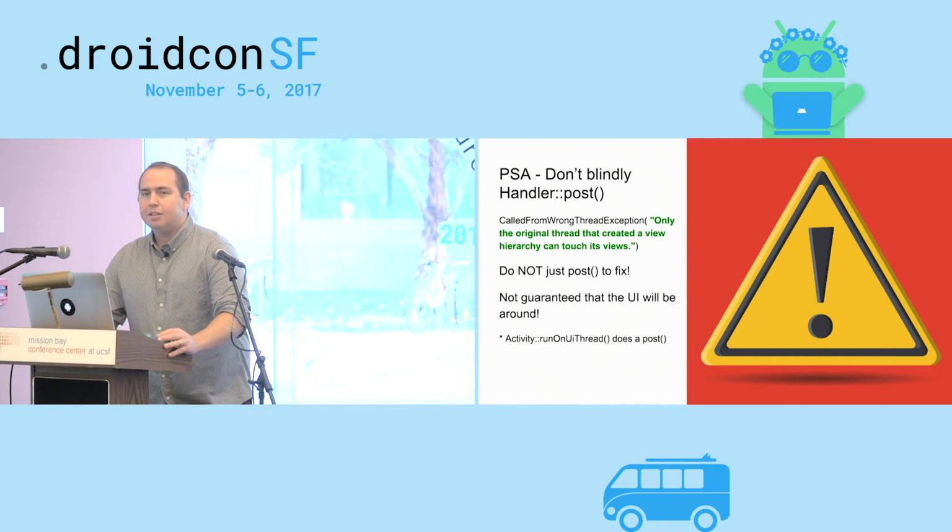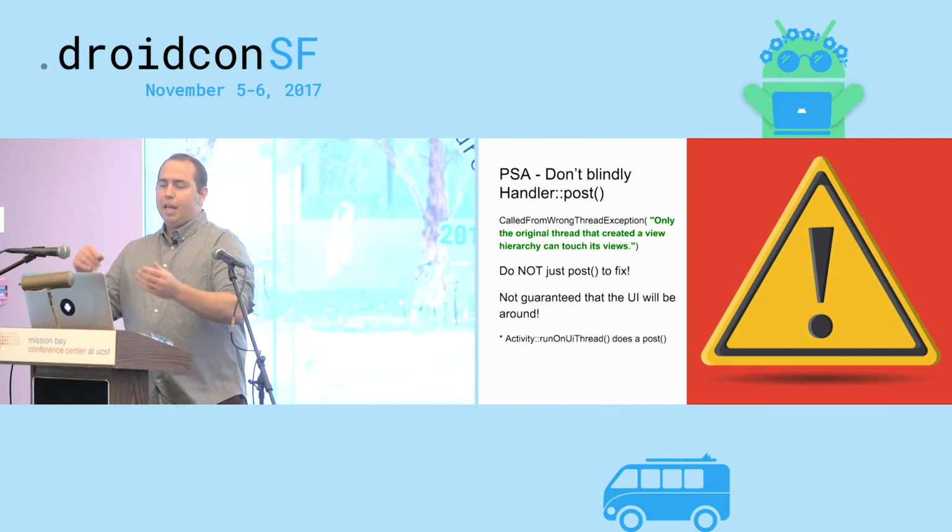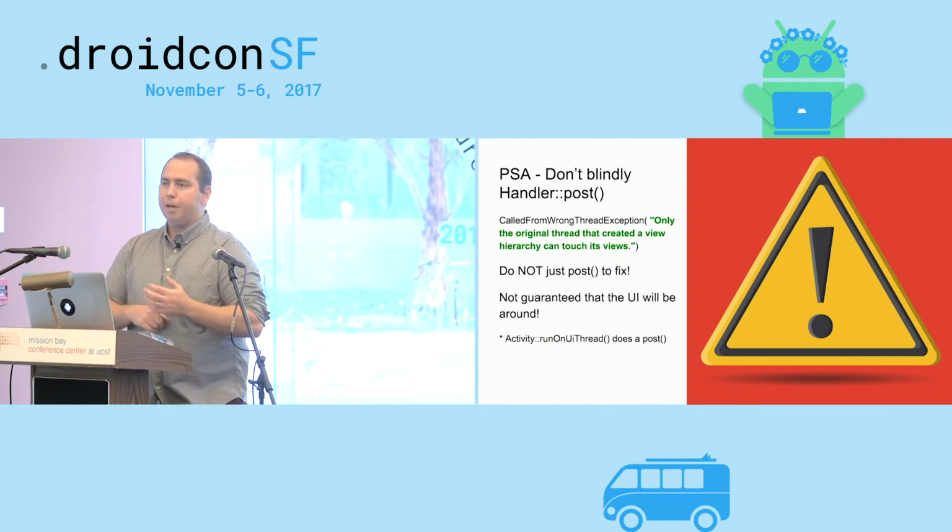The problem with that is you don't know when that background thread completed, right? So it could have been completed at a non-opportune time. This happens a lot too with fragments. You can post it, and let's say the user pressed home and put your application in the background, onStop was called, right?